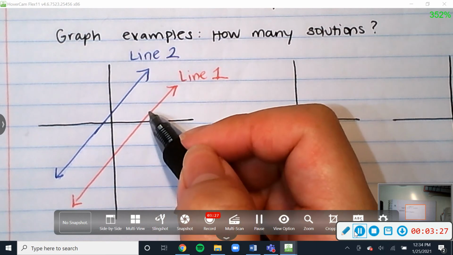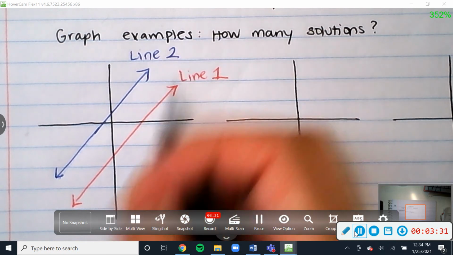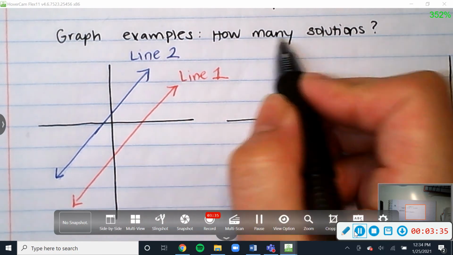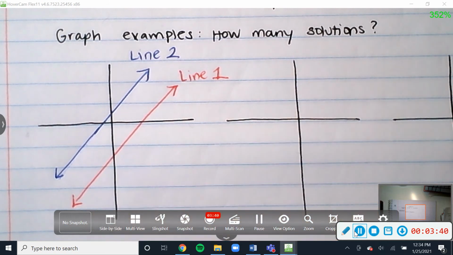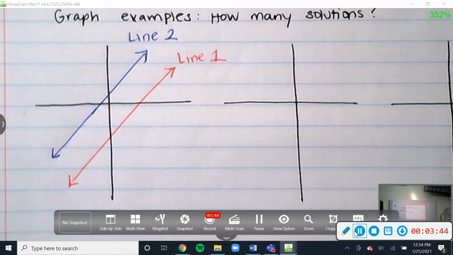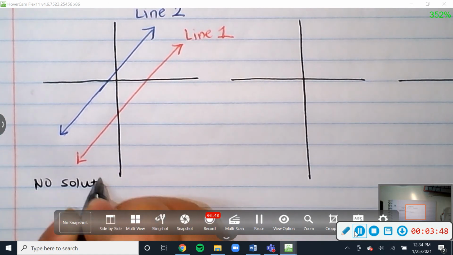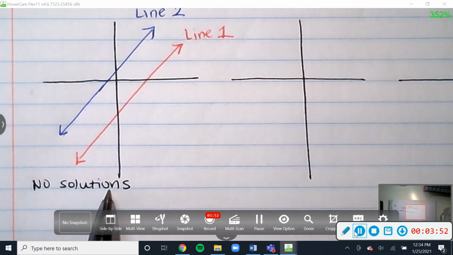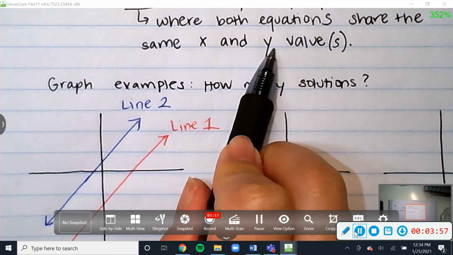So they're both straight lines. They do not touch, and they will keep going on forever. They will never touch. When this happens, and you are asked how many solutions does this system have, you would say no solutions, or zero solutions. Why? Because in order to have a solution, they need to share, this goes back to our definition, the same x and y values.